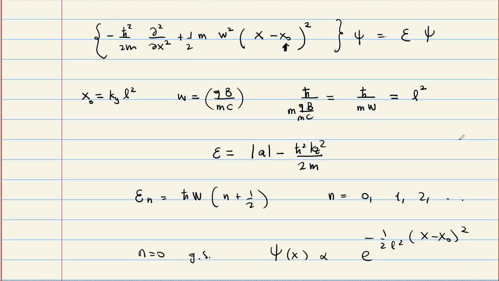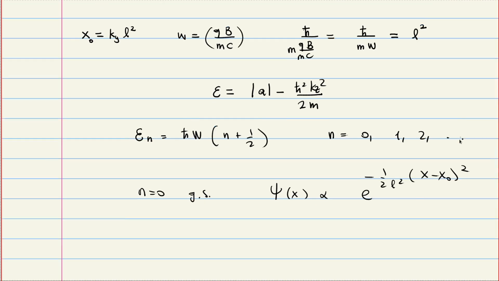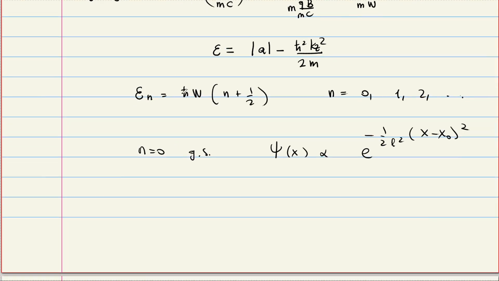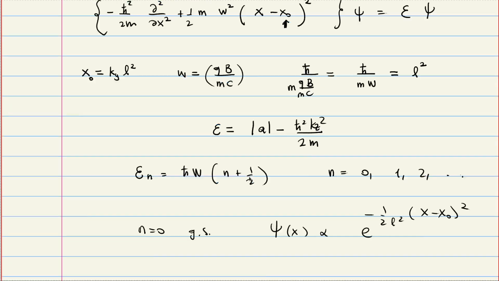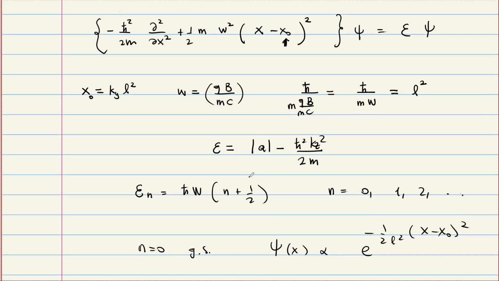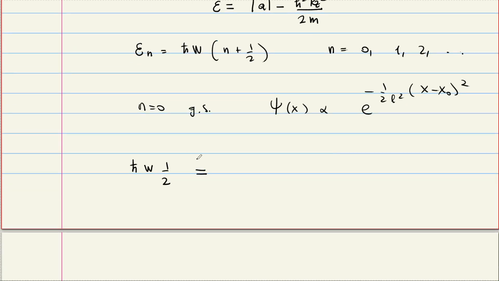And now we observe this, and we say that look, the minimum energy is h bar omega over a half, and this is given to be the absolute value of A. Where did we define it? Here. We define it here, minus h bar squared kz squared over 2m.